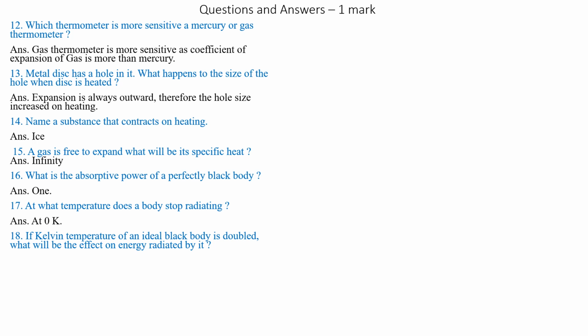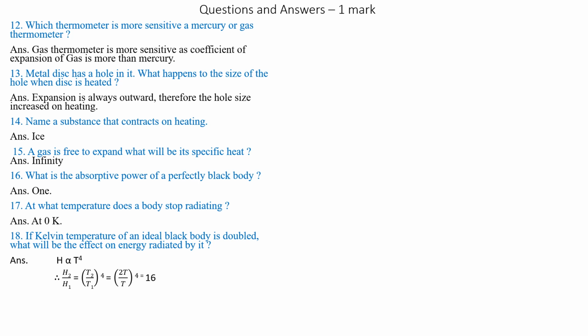Next question. If the Kelvin temperature of an ideal black body is doubled, what will be the effect on the energy radiated by it? We know the energy radiated is given by the relationship H is proportional to T to the power of 4.